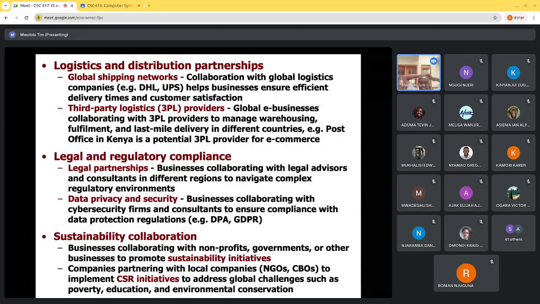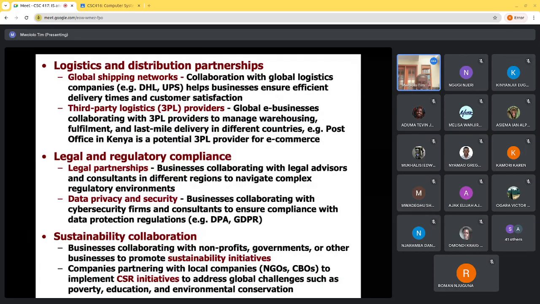They're probably not the best situated to work with communities, to mobilize communities to conserve the environment. And therefore, they will go to a community-based organization, CBO, or an NGO, which is located around Magadi, Kajiado, to work with communities and mobilize communities.